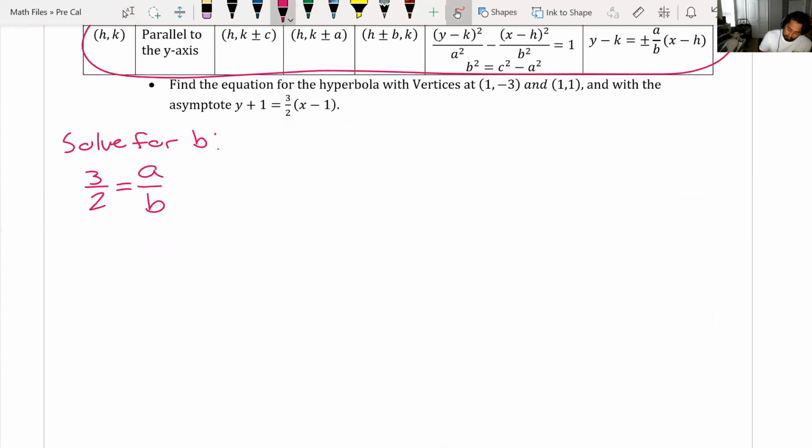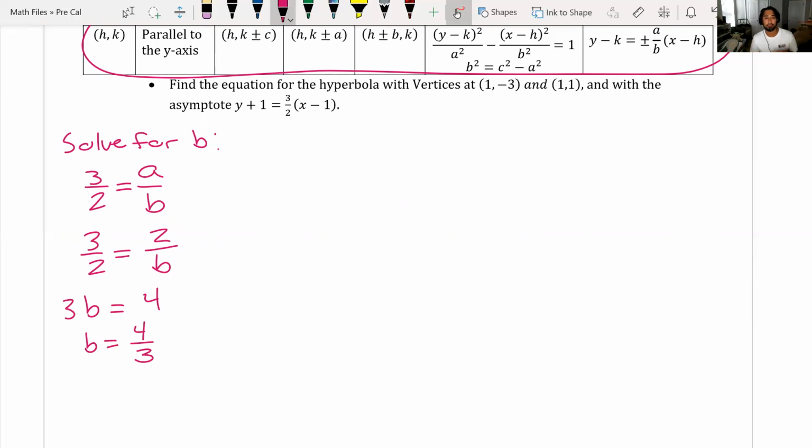So this becomes 3 over 2 equals 2 over b. Now solve for b. For this one, you could just cross multiply, right? And you'll get 3b equal to 4, where b is 4/3.